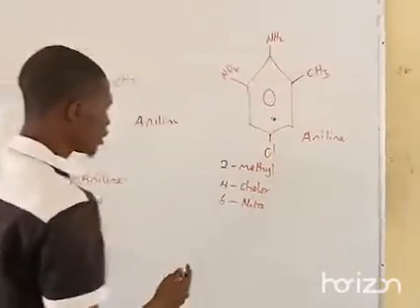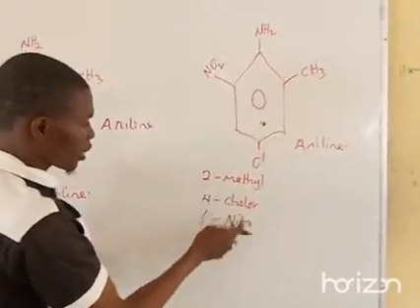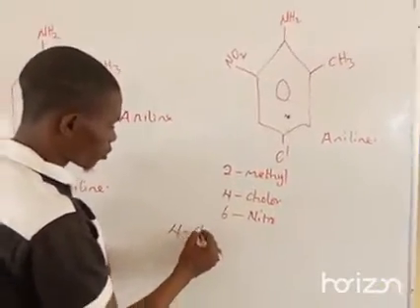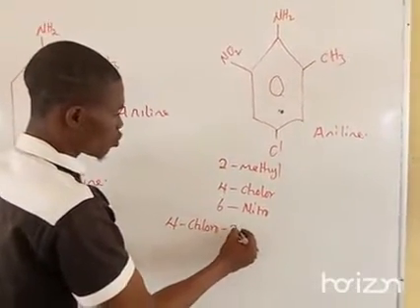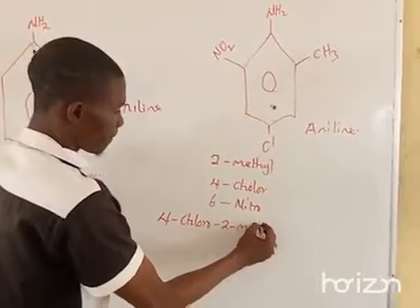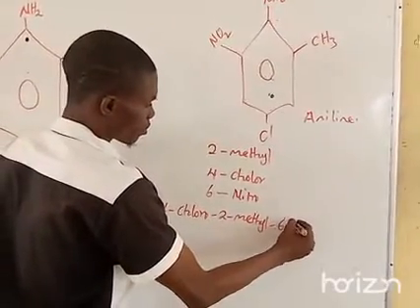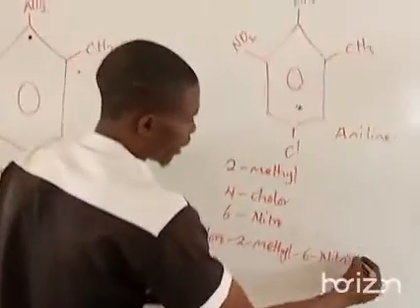So now we can name using alphabetical order. Which one comes first between C, N, and M? So C comes first. So we say 4-chloro-2-methyl-6-nitro aniline.